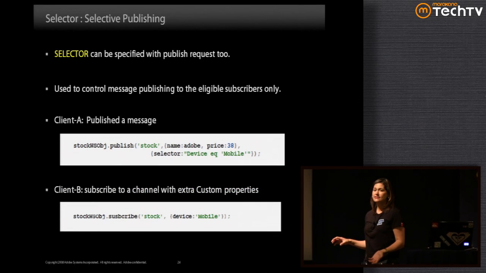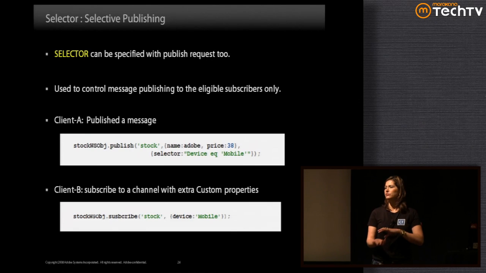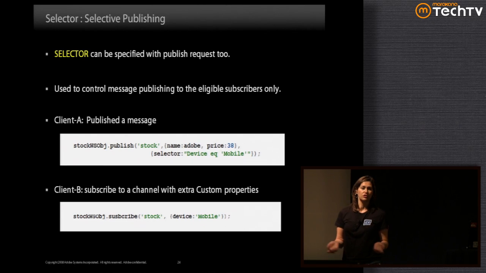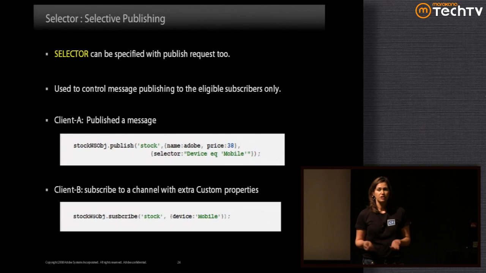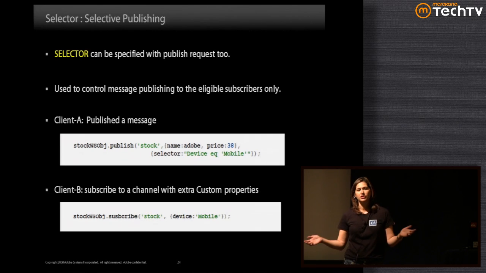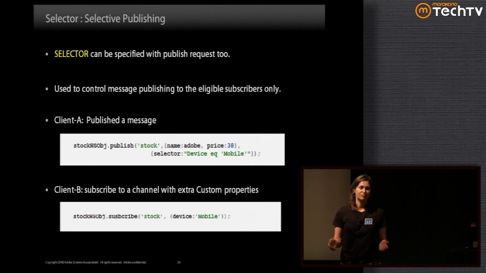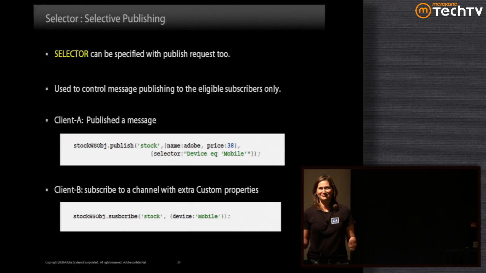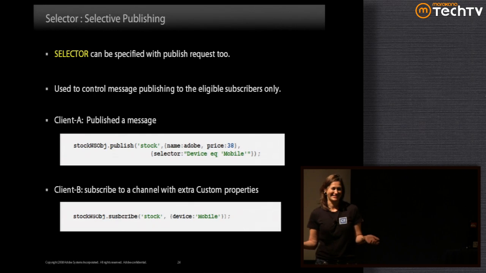The opposite side of that is selective publishing. So you can do the complete reverse of that and only selectively publish to the users or the clients that are subscribed to a certain channel based on what you want to do at the server level. A good example of that would be, let's say that you have a lot of users that are baseball fans and they're subscribed to a certain channel, and there's a game tonight, and you want to just publish to those users that are at the game to let them know that you are offering a special on $5 beers, because they're usually about 10 bucks at the game, right?